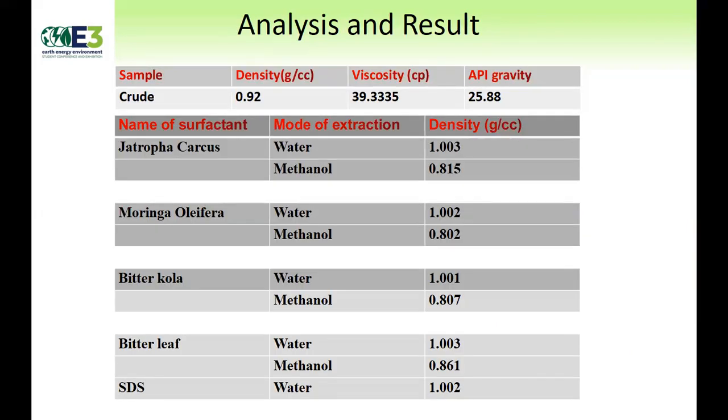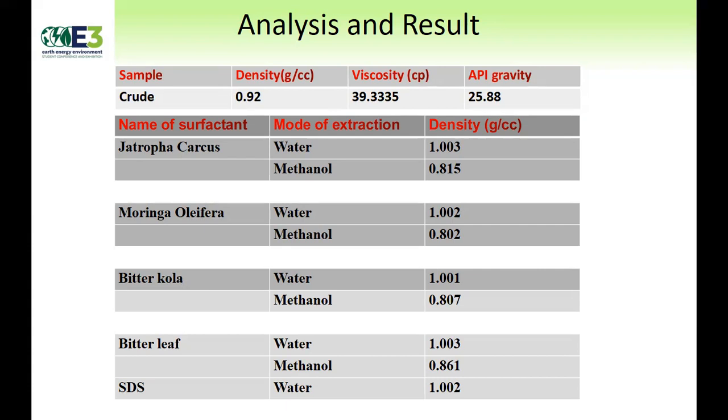Now, after this was done, we got our samples. We first looked at the crude oil. Our crude oil density was 0.92, having a viscosity of 39 and an API of 25.88.